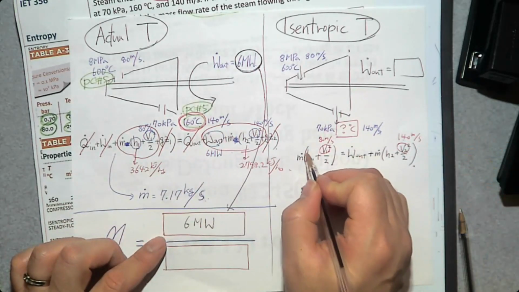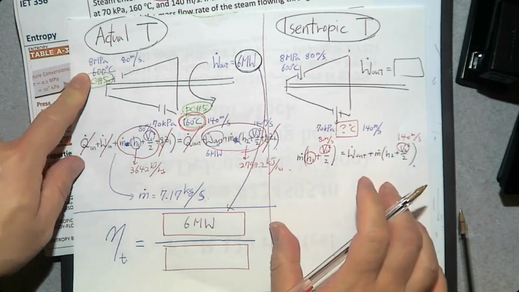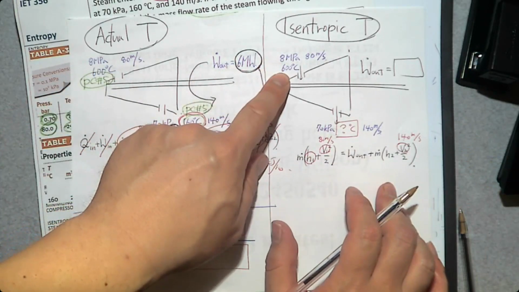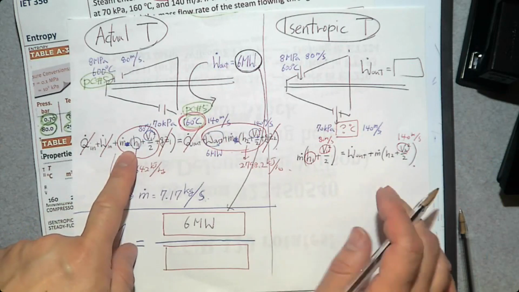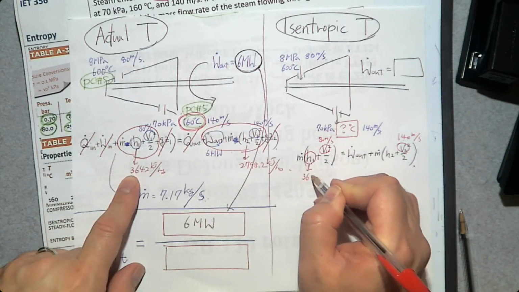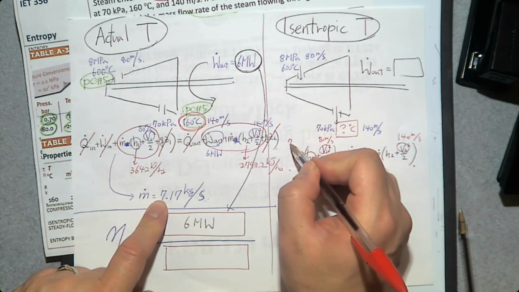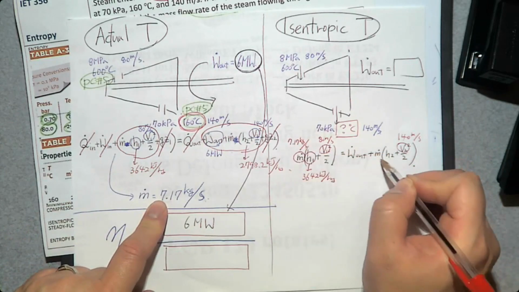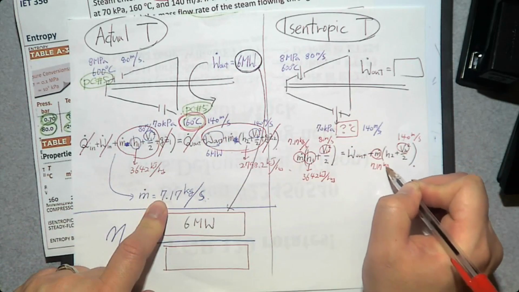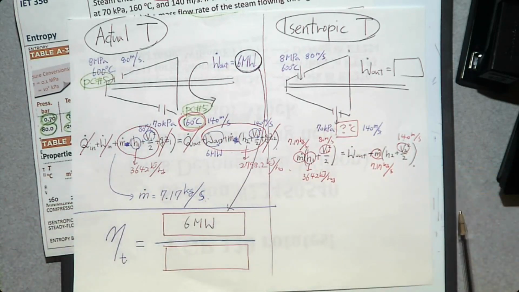What about specific enthalpy at the inlet? Since we have 8 megapascal, 600 degrees Celsius, h1 here should be the same: 3,642 kilojoule per kilogram. What about mass flow rate? The same, 7.17 kilogram per second. Then the only difference between this equation and that equation is going to be h2, because we may have a lower temperature than this one; because we produce more power, there is less energy left over at the exit.